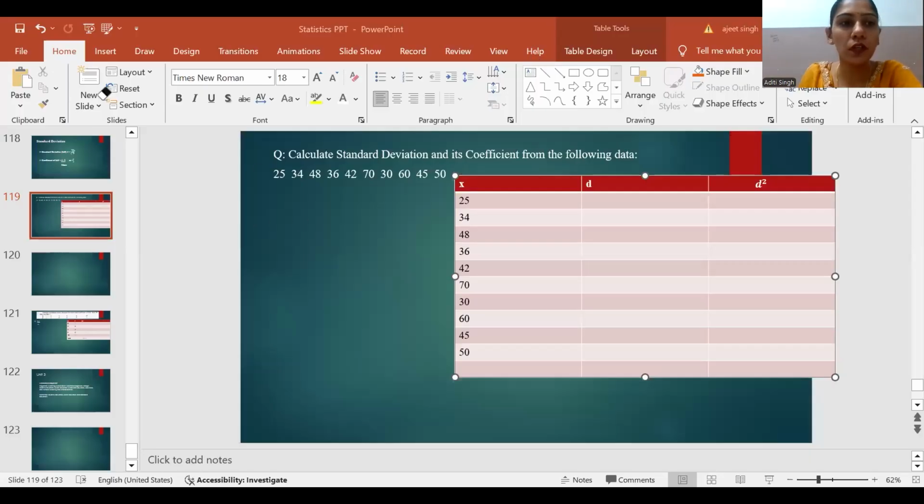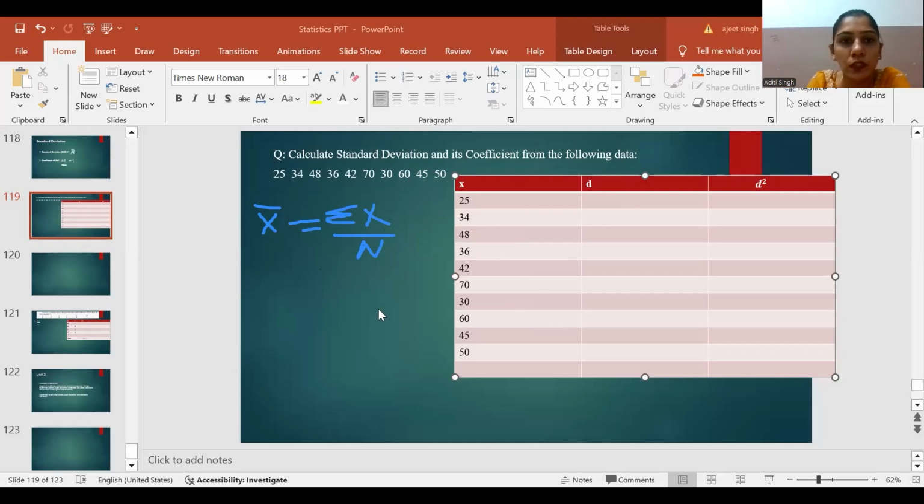First of all, we have to calculate the mean. The formula for calculating mean in a discrete individual series is sigma x divided by n. x is already given, so we have to sum all the values of x.